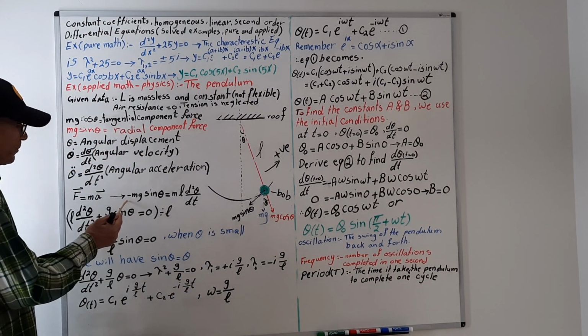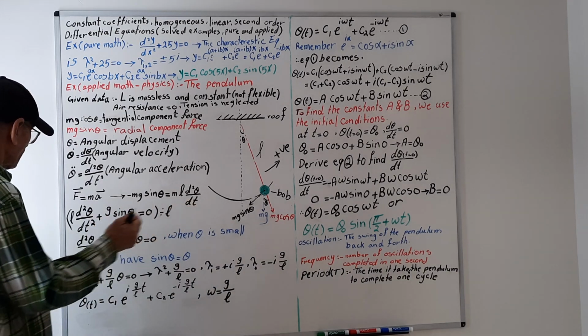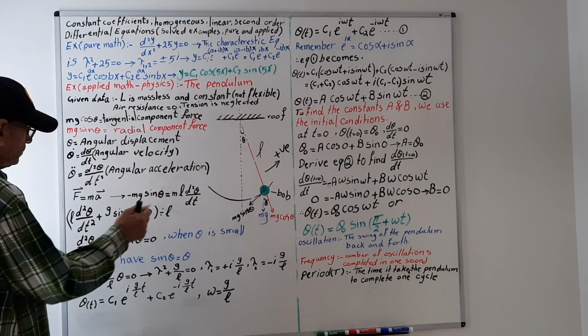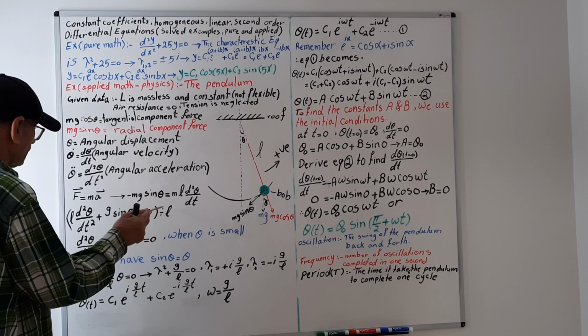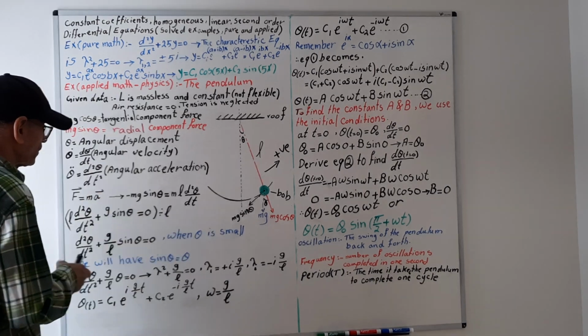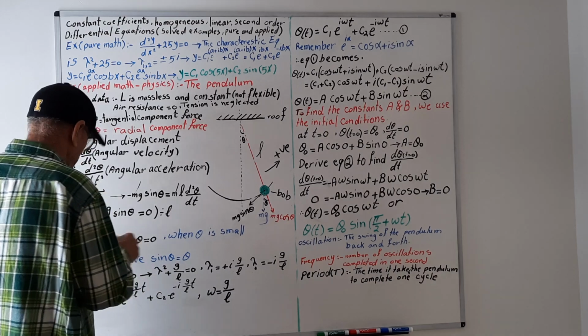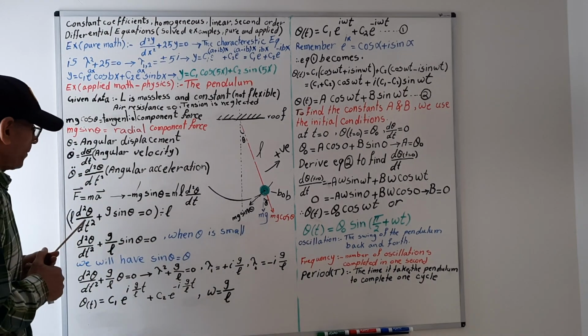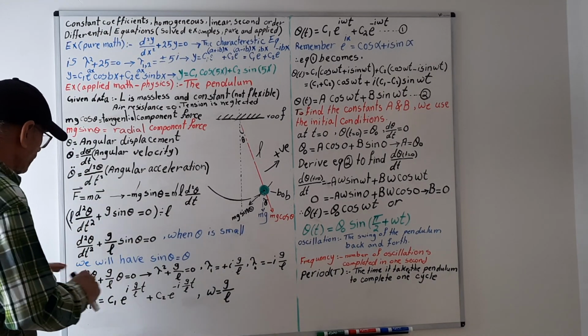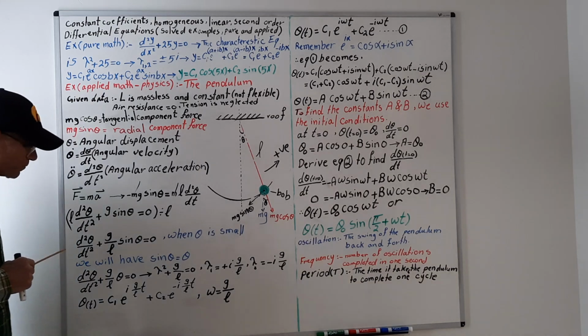This is why we put minus. We cancel the m, and we divide both sides of the equation by L, and we get this equation.